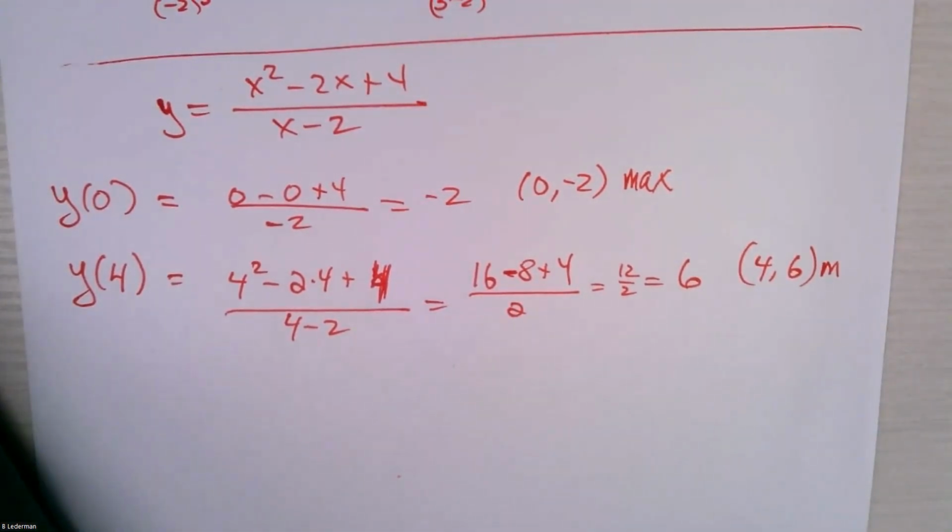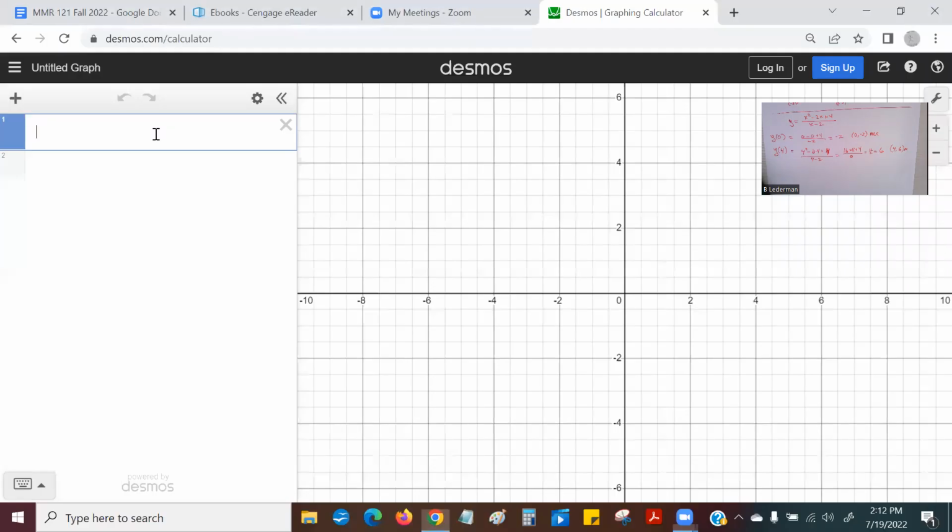Let me just go to Desmos right here. Okay, so I'm sharing my screen, and I'm going to type our function into Desmos. Y equals x squared minus 2x plus 4, over x minus 2.